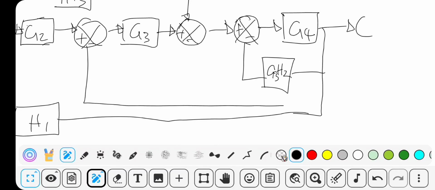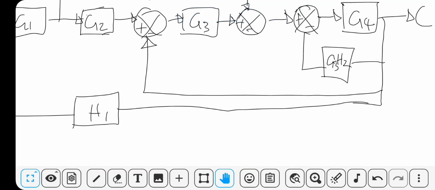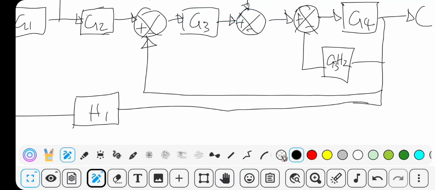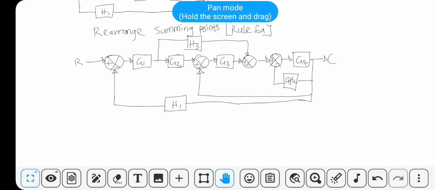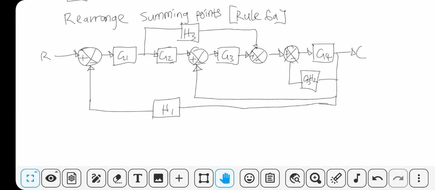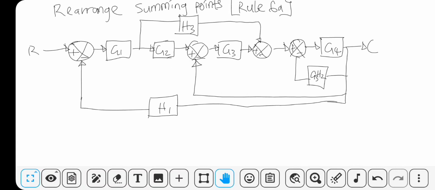This will be, so doing that, this is the result.